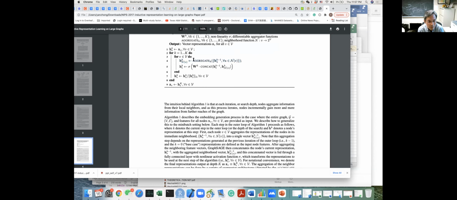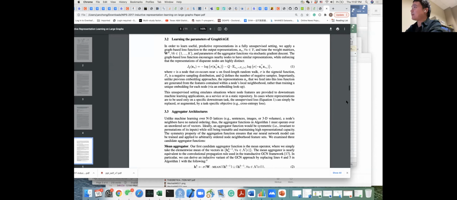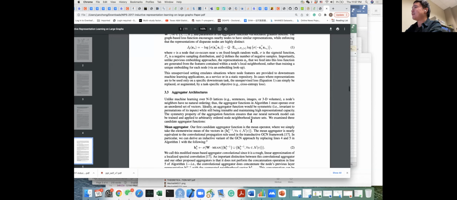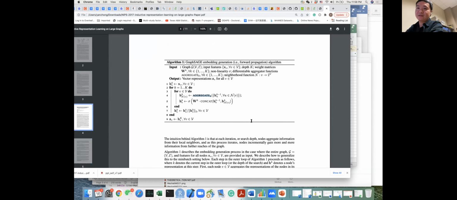Okay, and there are several ways to design this aggregate function. Can you repeat the algorithm? I have a question. Does the order of the neighbor nodes matter?